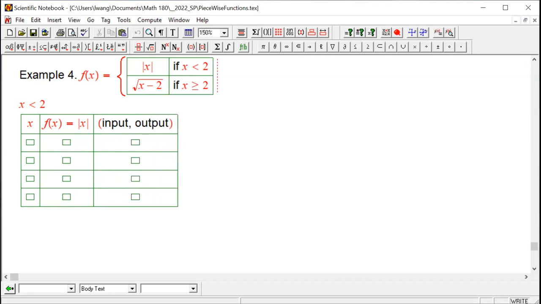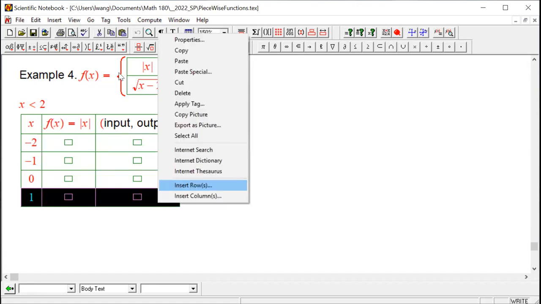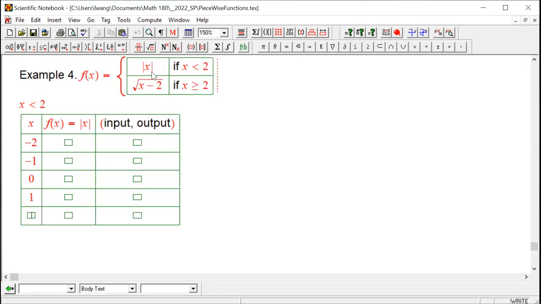Because x is less than 2, it could include any negative number, 0 and positive numbers up to 2, not including 2. So say I pick -2, -1, 0, and 1.